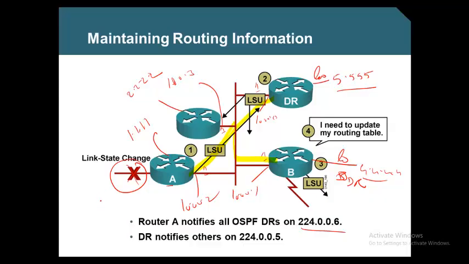Fine. So this is the address from DR, and this is the address to DR. To DR, what is the address? 224.0.0.6. From DR, what is the address? 224.0.0.5. Did you understand this?